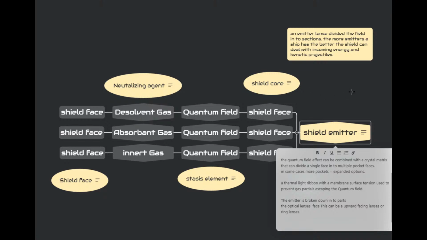And the shield core would still be sort of in the center, right? So again, if we have a raised one with multiple cores, different type.